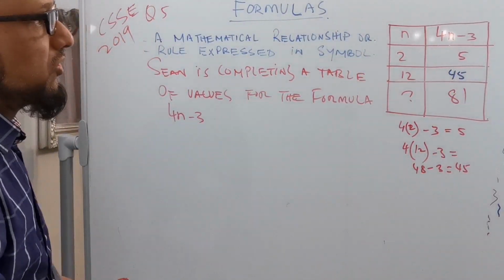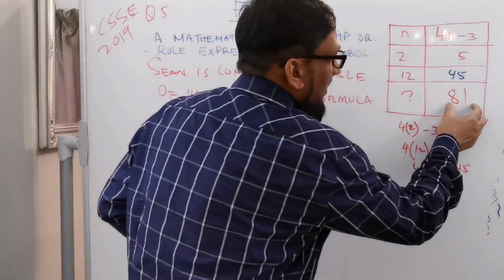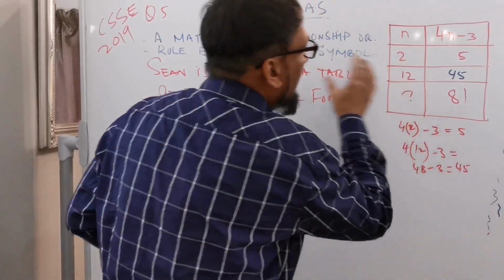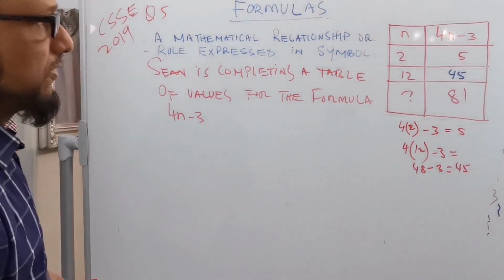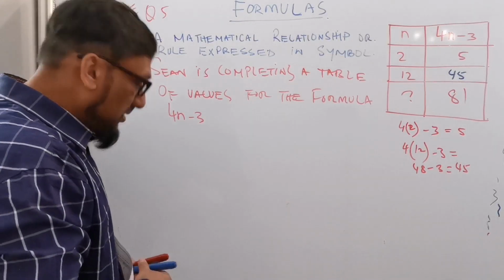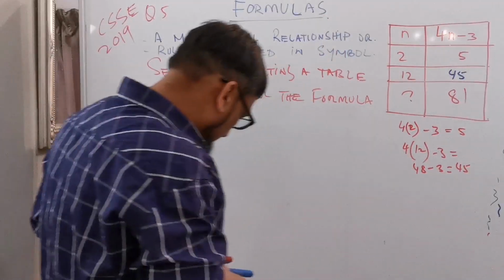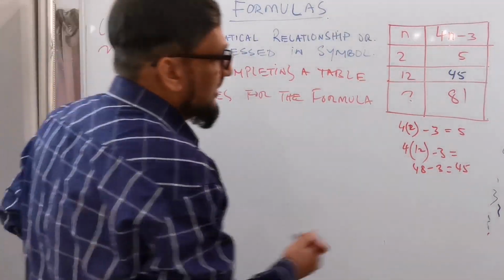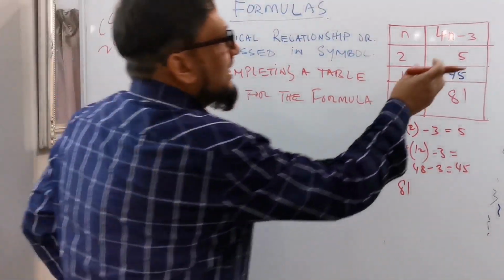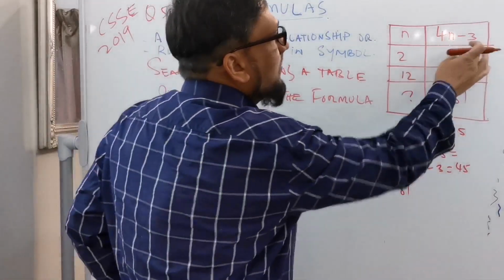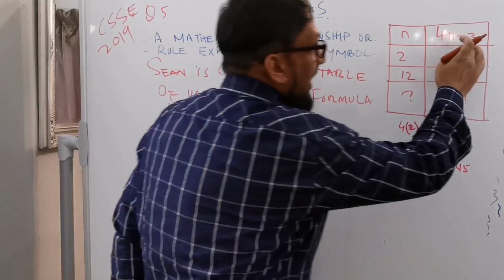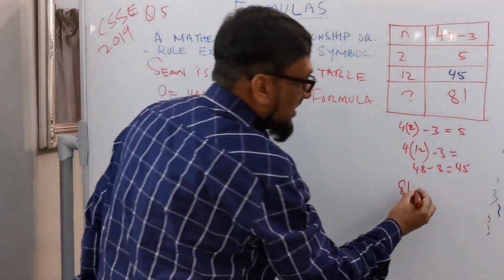And now they give you the answer, and they ask what value was put into the formula. Very simple, what we do is reverse calculation. We know 81, and the formula is 4n minus 3. We know the inverse of minus is plus.